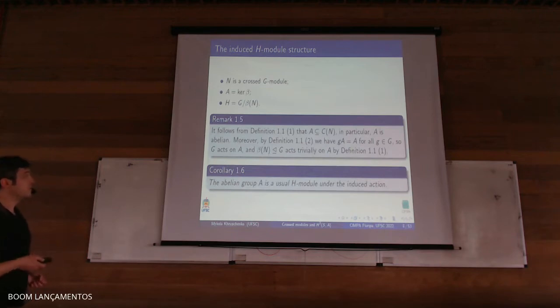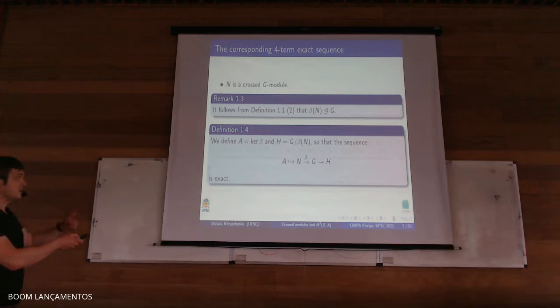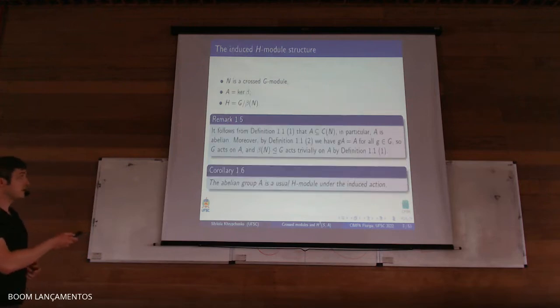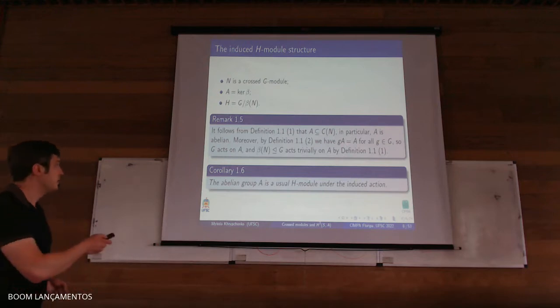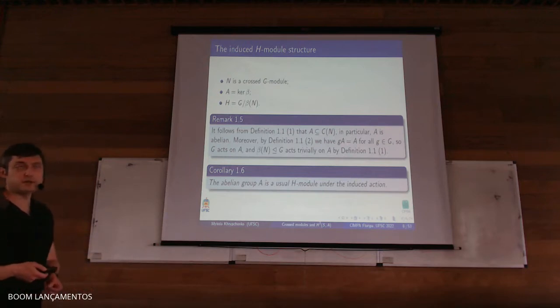Now, what more can you get from the definition is that the group A, which is the kernel of β, which is inside N, is central in N. And you can observe that the elements of G leave A invariant.